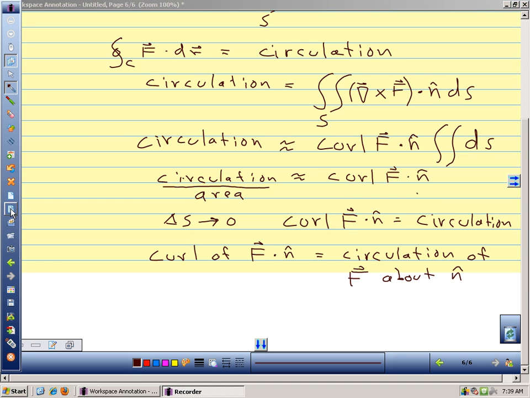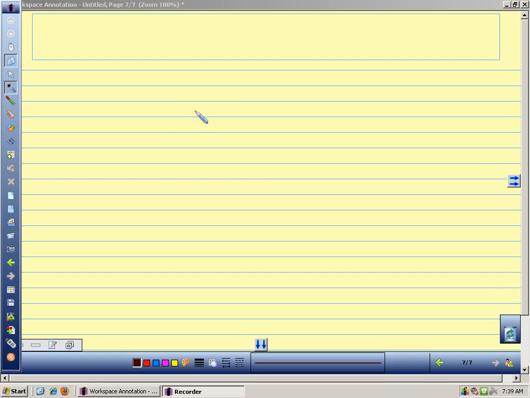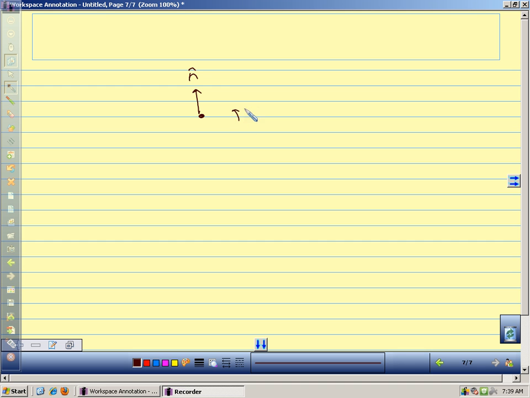So if we're talking about a point here, and this is our normal vector, if we have a circulation about the point, it tells us that our field would look something like this, causing a circulation about that point. So our field would make our fluid rotate about that point.